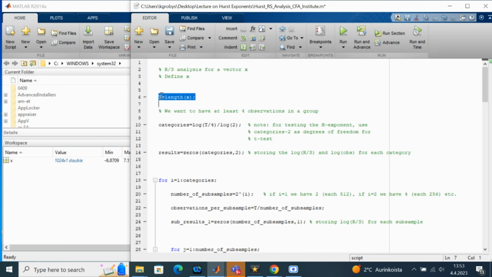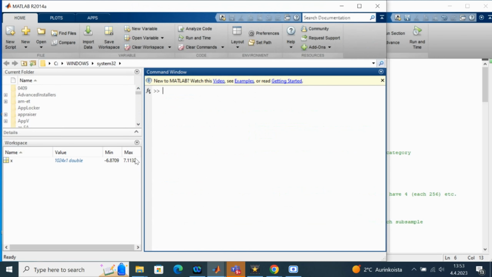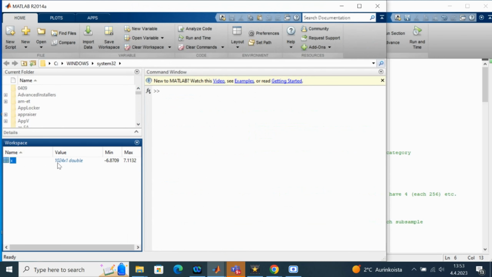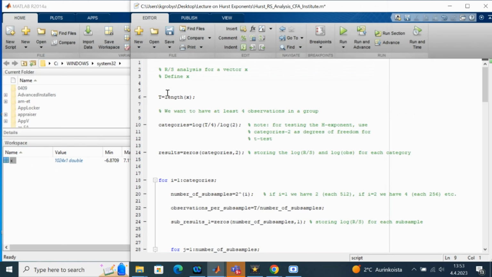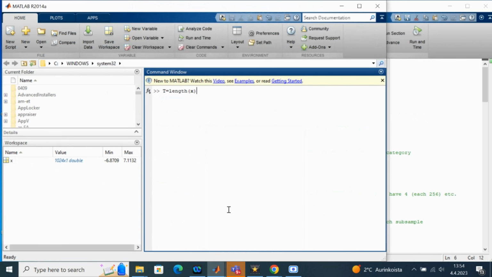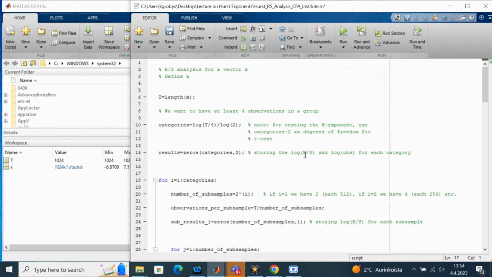So capital T is the length of our data vector. Here I have already uploaded one data vector x, which has a length of 1024 observations. So if we copy this command here into Matlab, without the colon, it will give us 1024 as the number of sample observations.